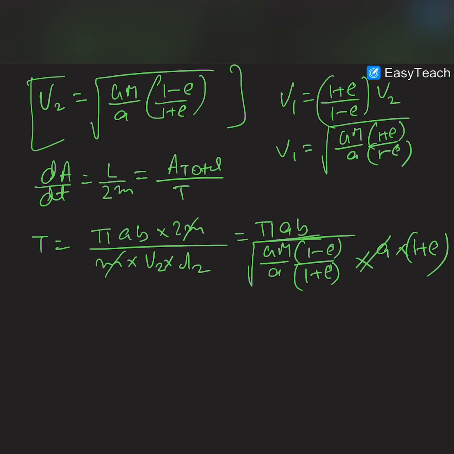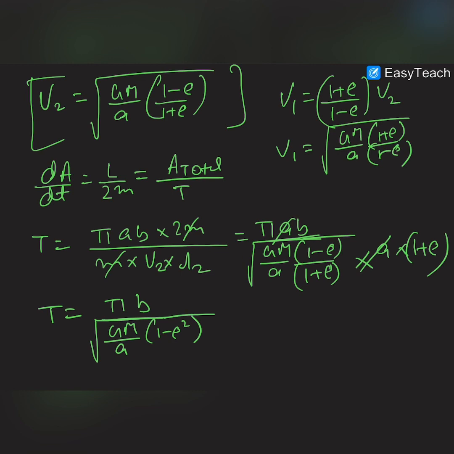So cancelling this a with a, and cancelling this root of 1 plus e with 1 plus e root, you can see that it is pi b upon under root of GM by a, and 1 minus e square in the root.